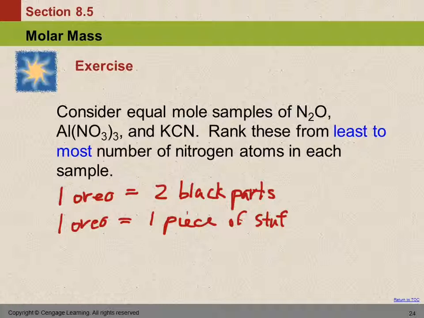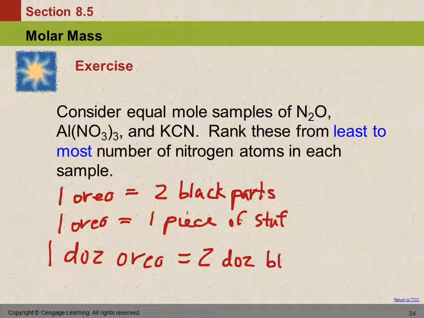Well, yes, 1 Oreo does equal 2 black parts and 1 piece of stuff. But if we're not interested in the stuff, in 1 Oreo you have 2 black parts, correct? In 1 Oreo you have 1 piece of stuff. Okay? So if I had a dozen Oreos, how many dozen black parts? 2. 2 dozen black parts.